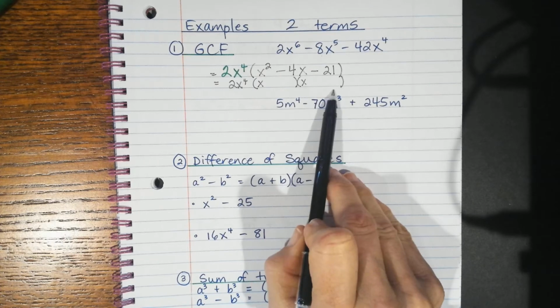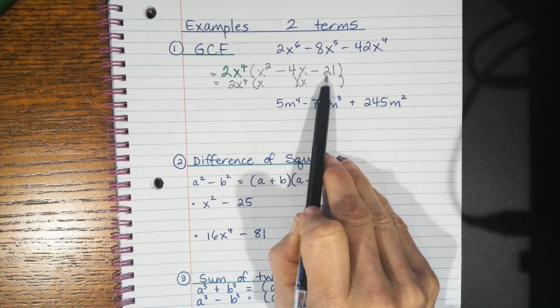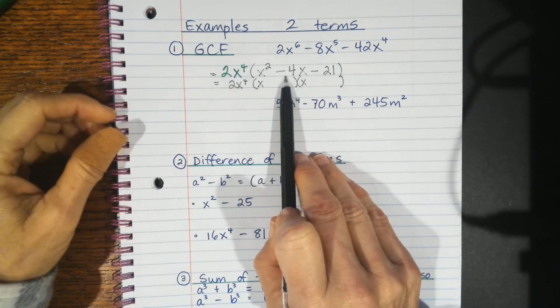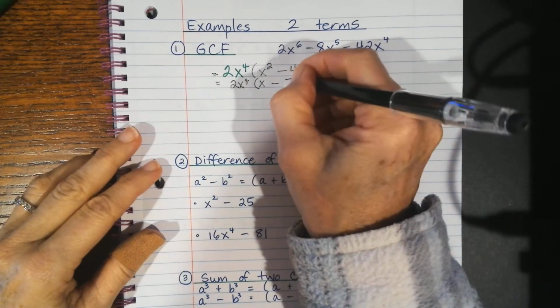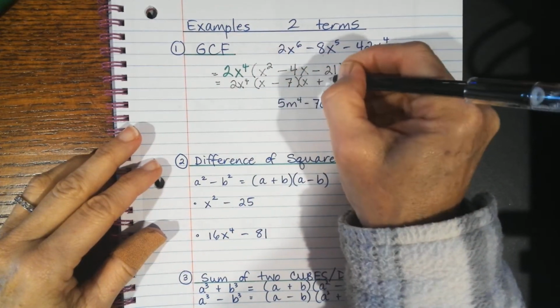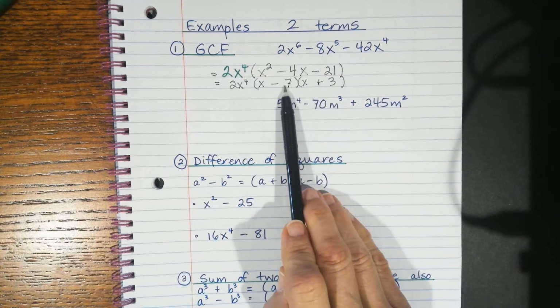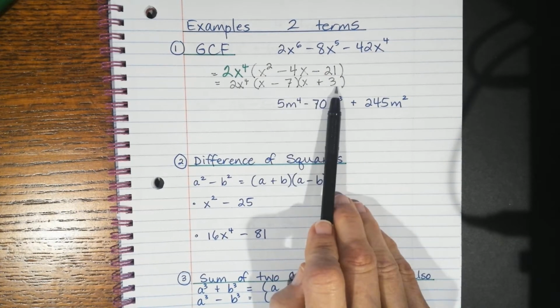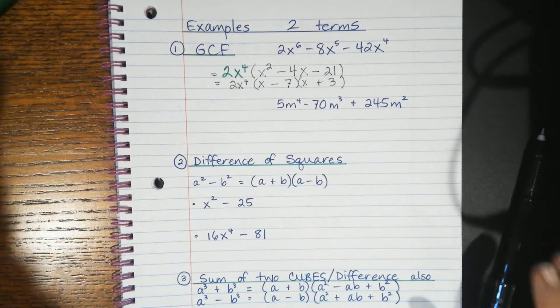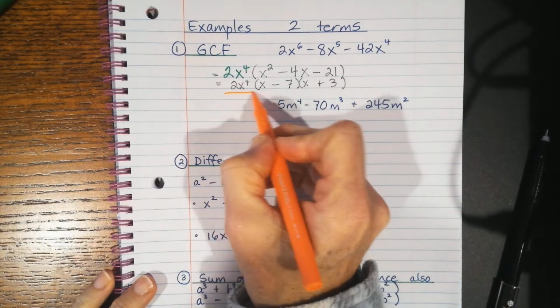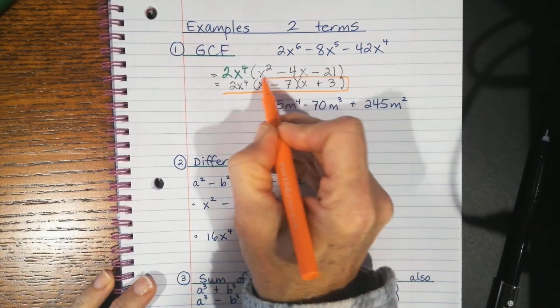These two terms multiplied have to give you negative 21, but when you combine them, you get negative 4. So I immediately think of negative 7 and positive 3, because that'll give me negative 21, but when I add negative 7x and 3x together, I get negative 4x. So hopefully you can see why that is now factored completely.